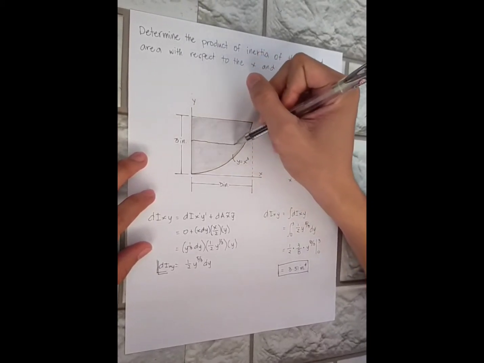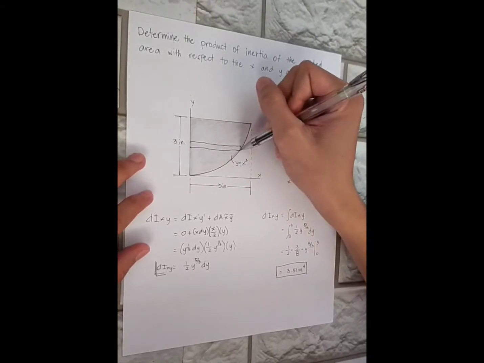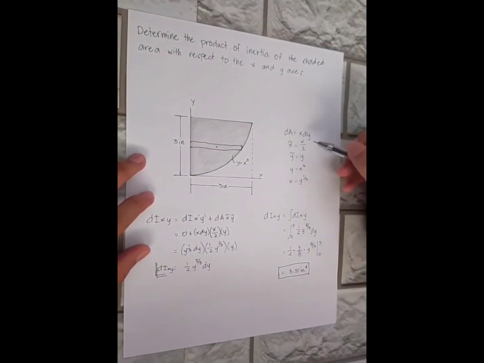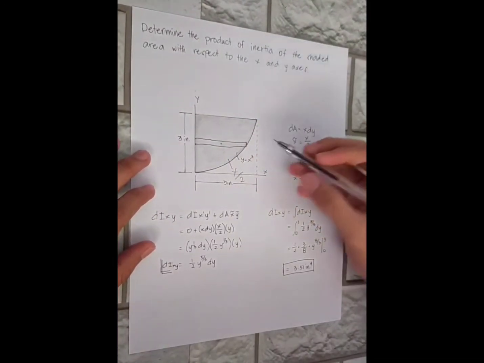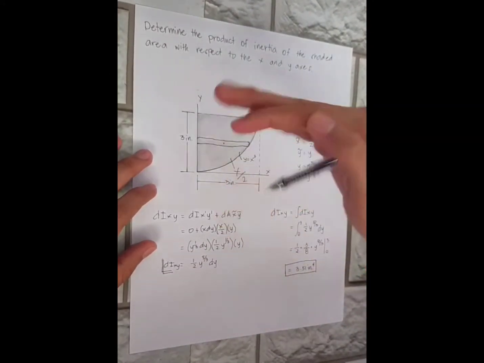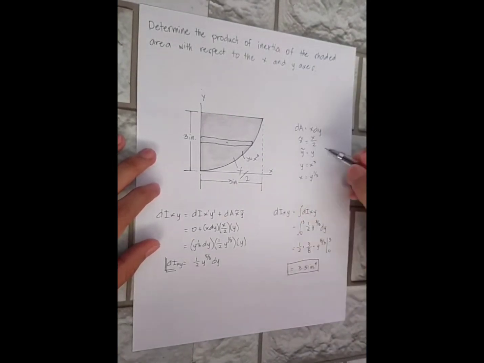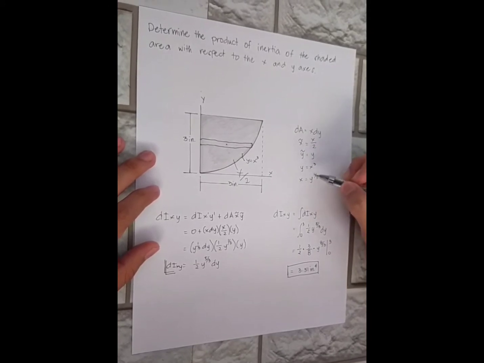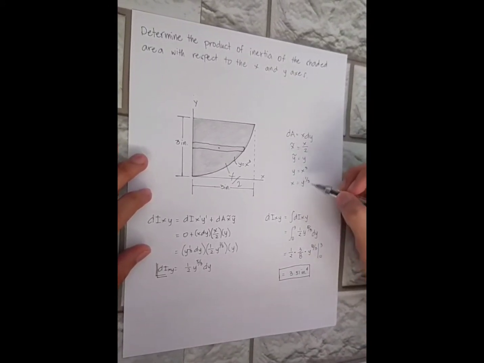If we draw a rectangle, this will be our centroid, where the location of x is x over 2, because the only shaded area is the upper portion and the lower portion is not shaded. Our y location is y, where y equals x cubed, and x equals y to the 1/3.